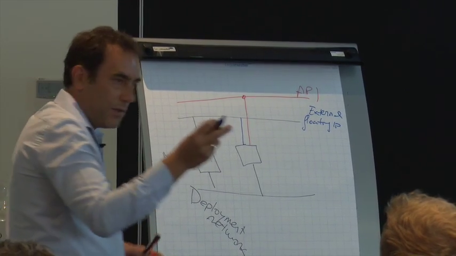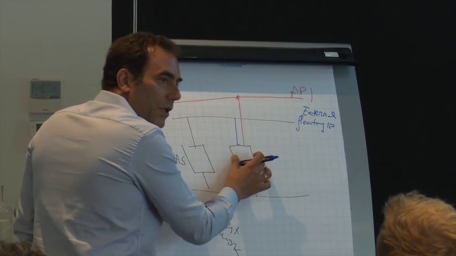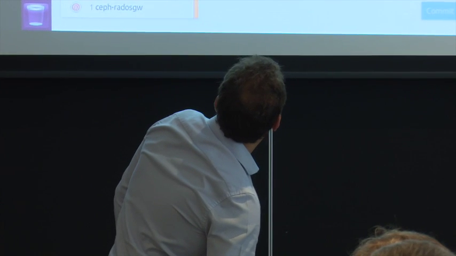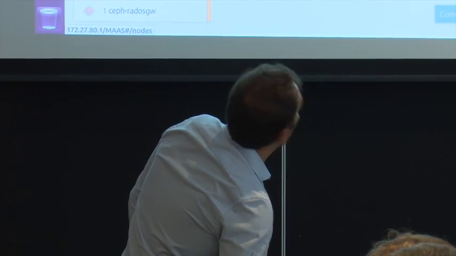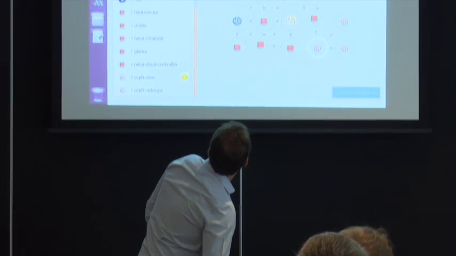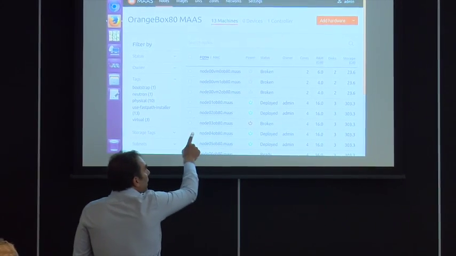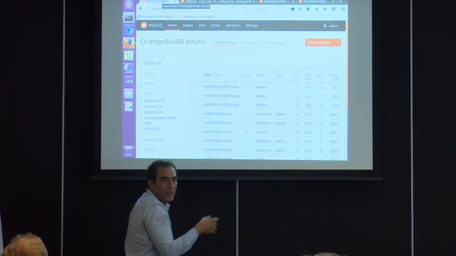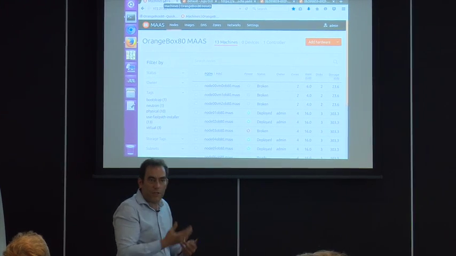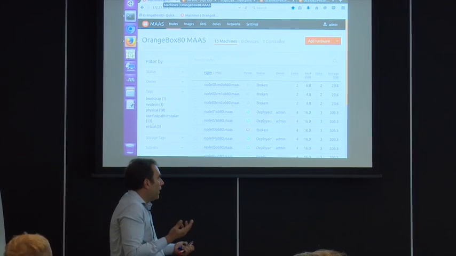But answering your question, any machine that you put here in MAS, you just commission the machine. Once you plug it to the network and power it on, MAS will show it here. It will give it an arbitrary name, like Lonely Wolf, and then you change that name for your convenience.